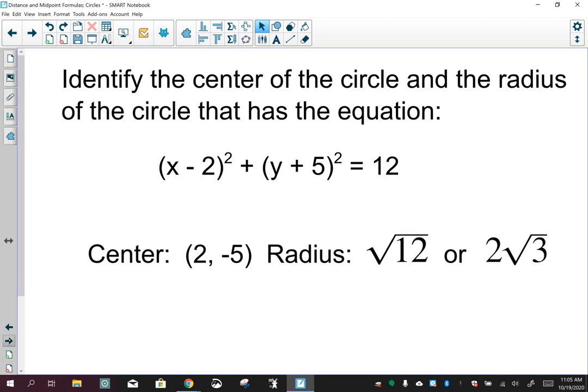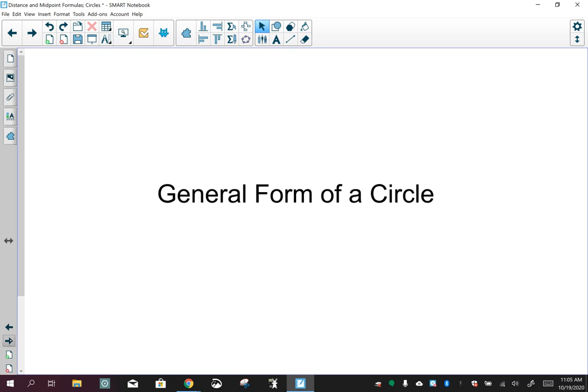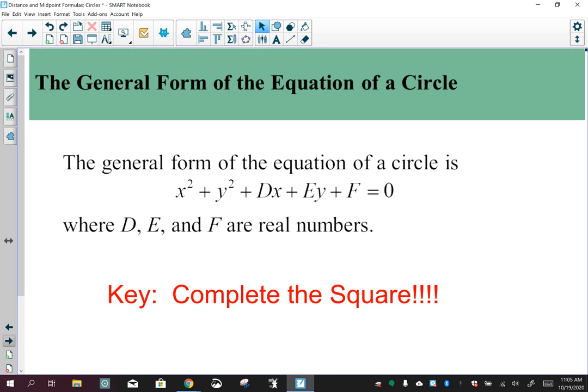All right. So let's talk about the last part here, general form. So what's going to happen is you're going to be given everything on one side, and everything is going to be set to 0. So they're going to want you to find the standard form.